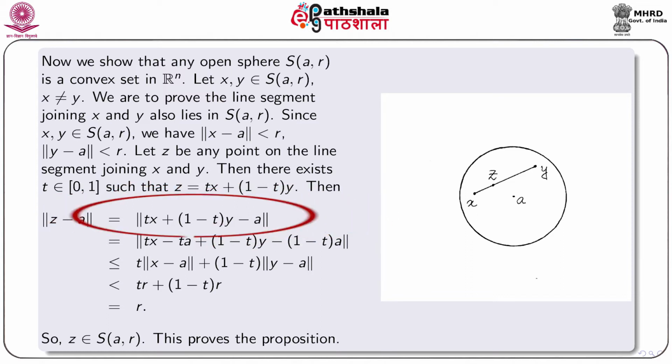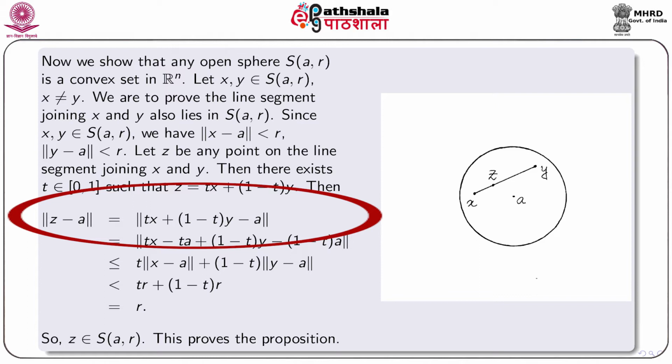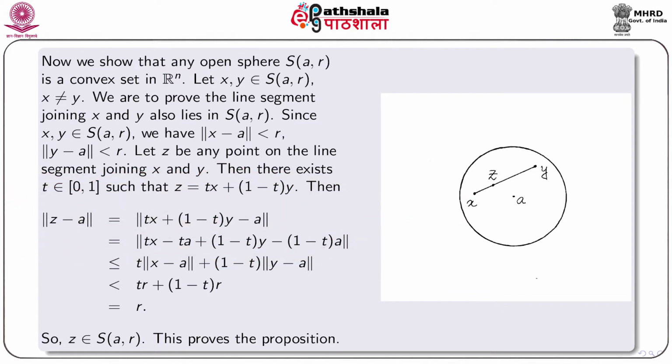Norm of Z minus a equals norm of t x plus (1 minus t) y minus a. Using triangle inequality, we can write this as less than or equal to t times norm of x minus a plus (1 minus t) times norm of y minus a, since both t and 1 minus t are non-negative. Clearly, this is less than r. So, this proves the proposition.